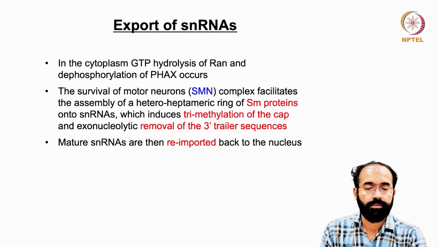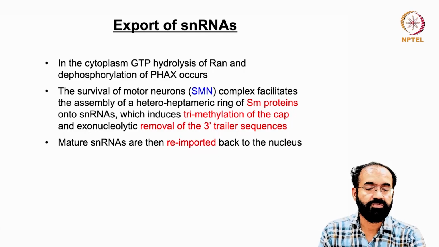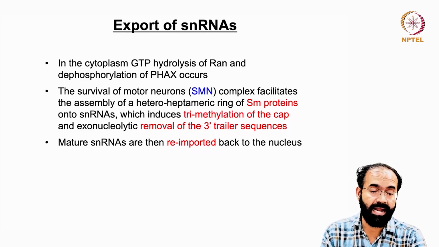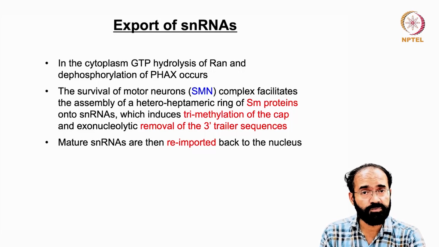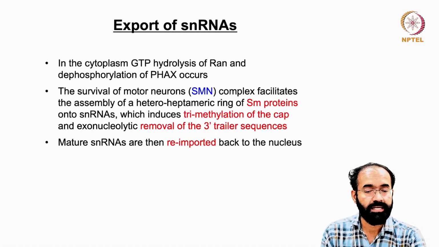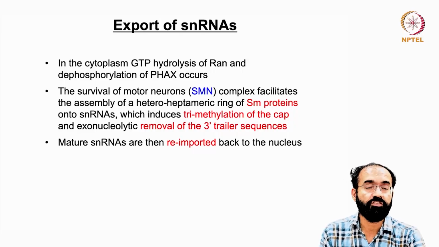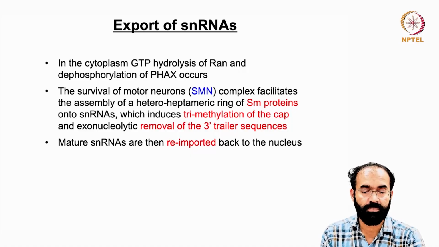So let us see in detail about the export of snRNA. In the cytoplasm, the GTP hydrolysis of RAN and the dephosphorylation of PHAX occur, because the PHAX protein is phosphorylated in the nucleus. And another protein called survival of motor neuron, the SMN complex, can facilitate the assembly of the heteroheptameric ring of Sm proteins. We saw in the earlier class how the Sm rings are assembled during the maturation of snRNA, onto this snRNA, which induces the trimethylation.